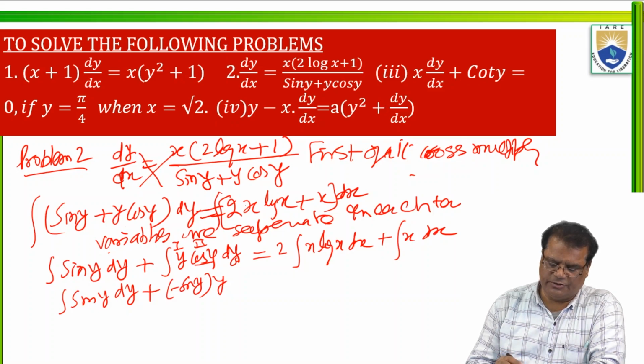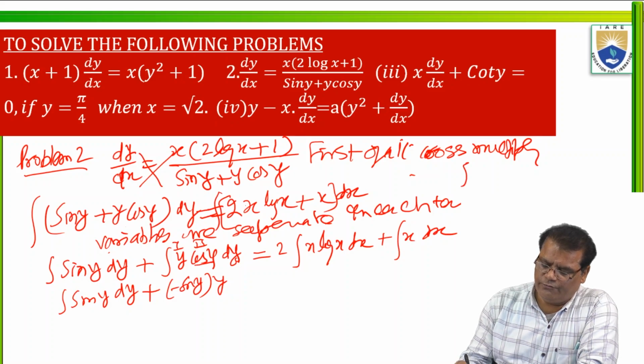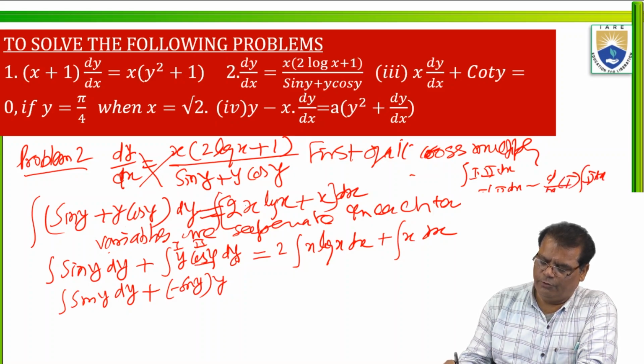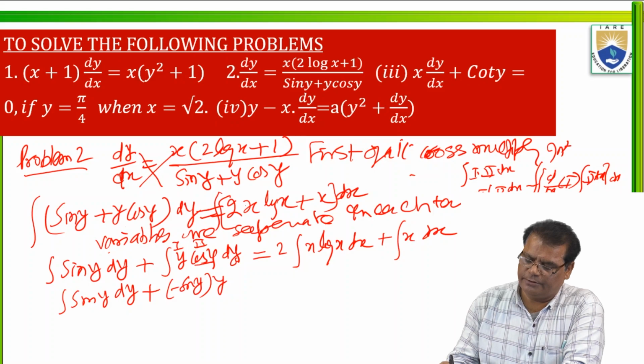We apply the formula: integration of first into second dx equals first times integration of second, minus integration of the differential of first times integration of second. So this is integration by parts.